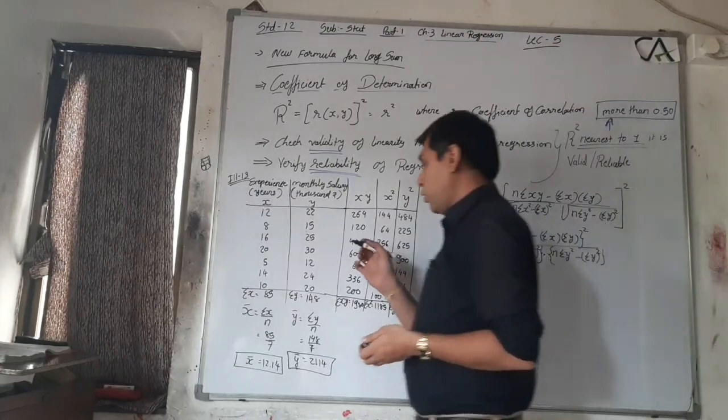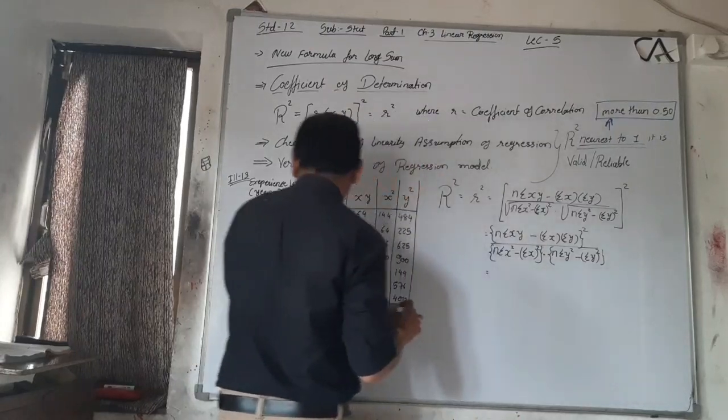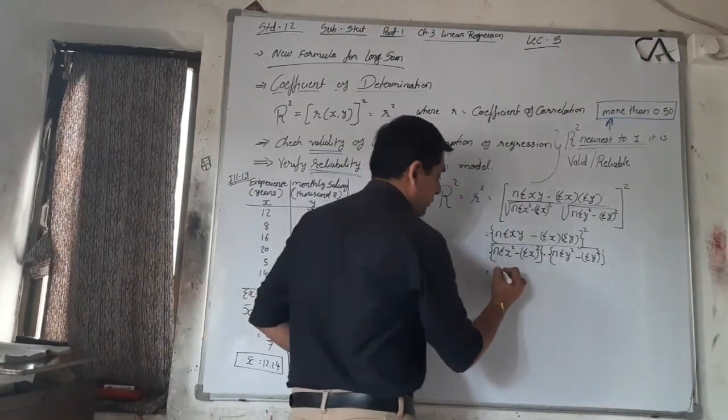So now put all the values here. What is your n? That is 7.